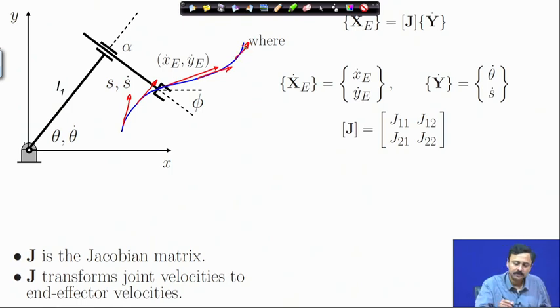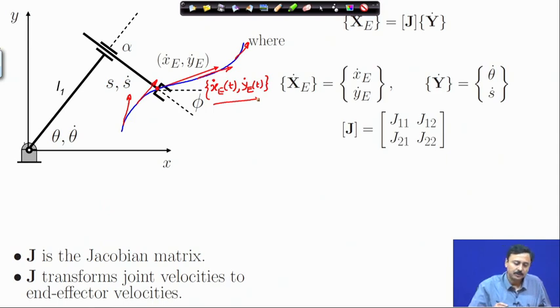So, I know at each instant of time x e dot as a function of time, y e dot as a function of time. So, I know this. So, at this instant where the end effector is at this point x e y e, I have this specified velocity vector.